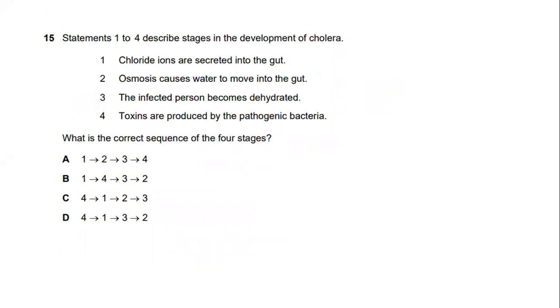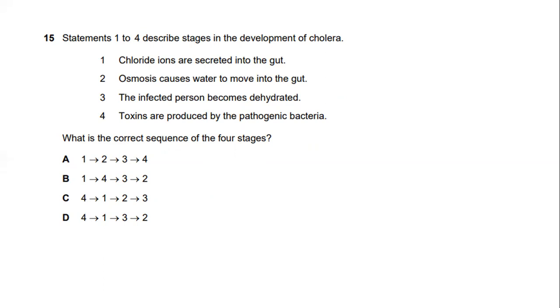Statements 1 to 4 describe stages in the development of cholera. What is cholera in the first place? Cholera is caused by a bacterium. When the bacteria go inside our body, first toxins are produced by the pathogenic bacteria.